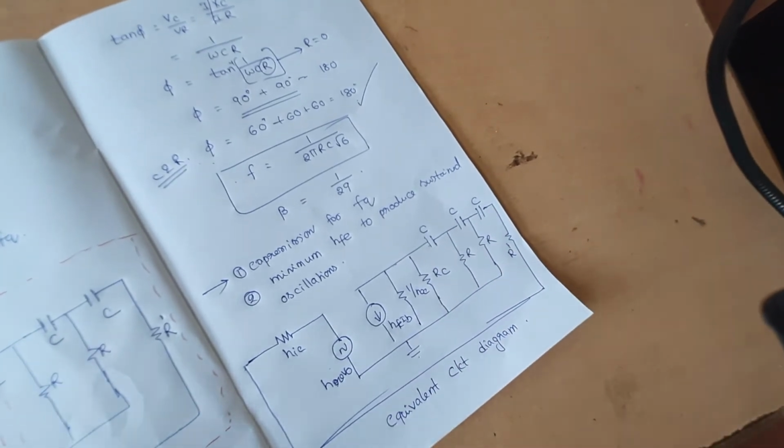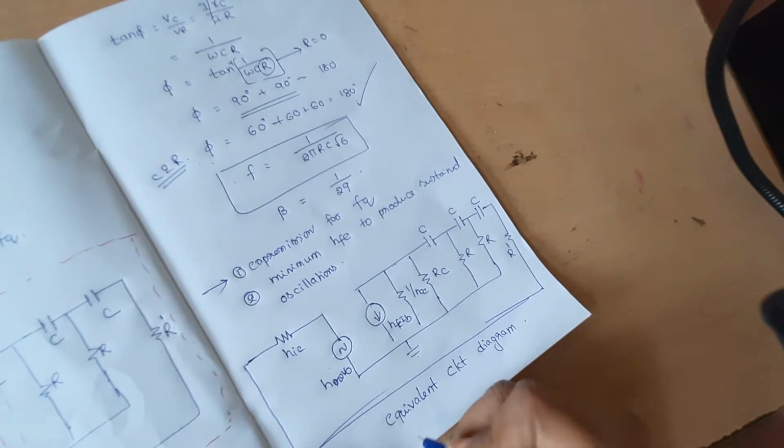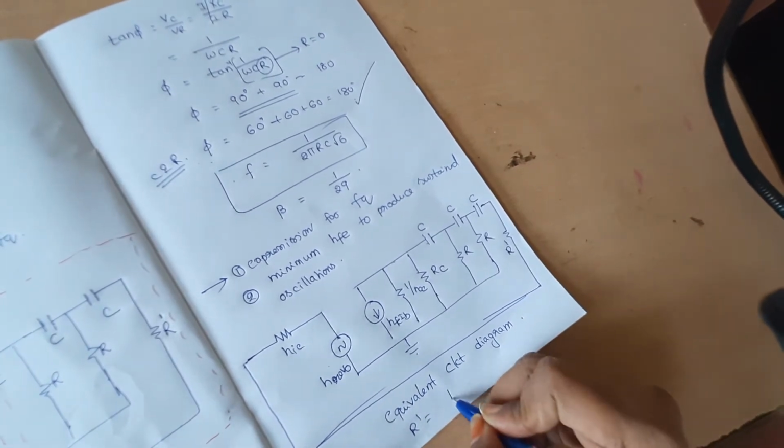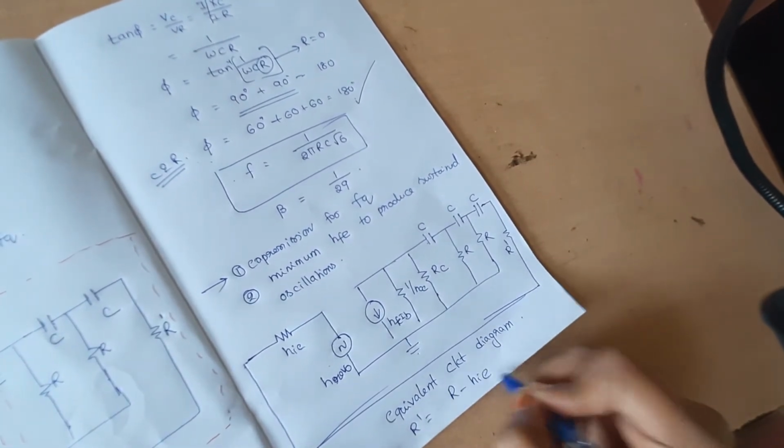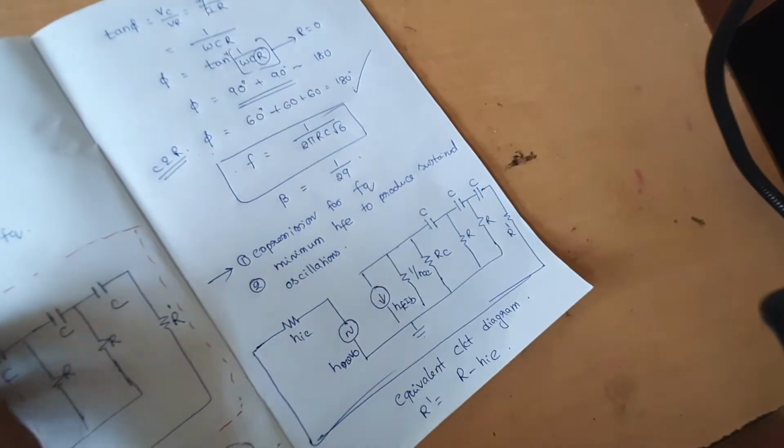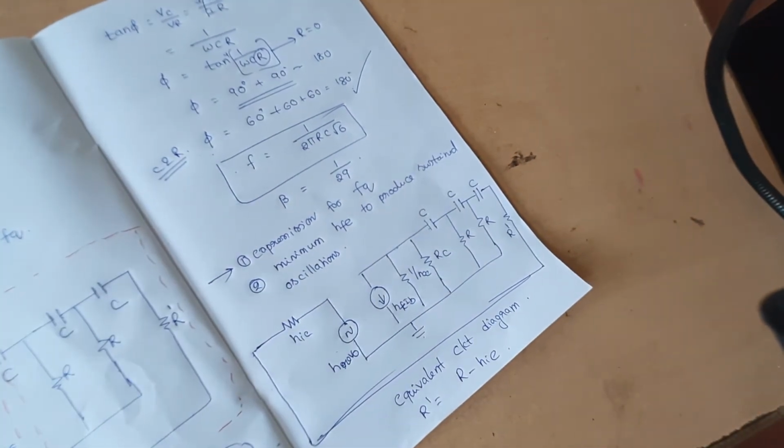RC sections, okay? Next, here we already know that R dash is equal to R minus hie. For the analysis, and for easy analysis, there are a lot of methods to find the frequency of oscillations. But the simple method, easy to remember from the exam point of view, is to put some assumptions to minimize the equivalent circuit diagram.